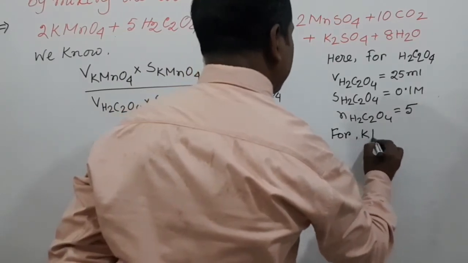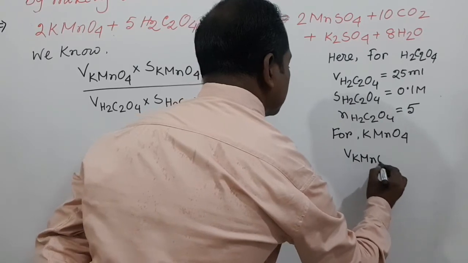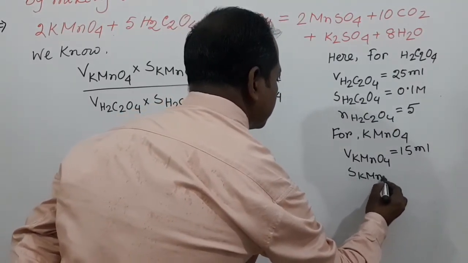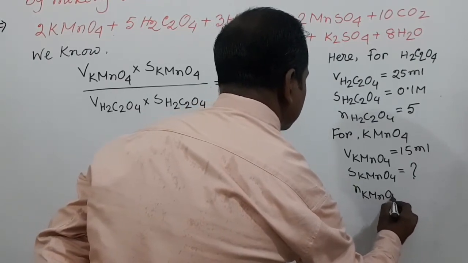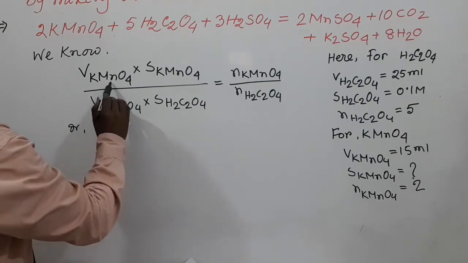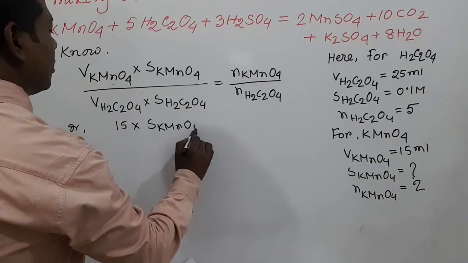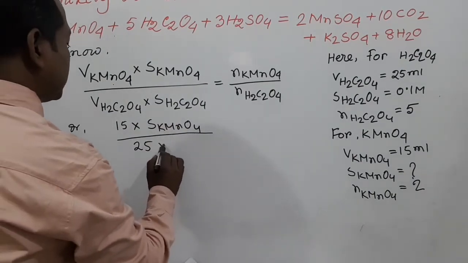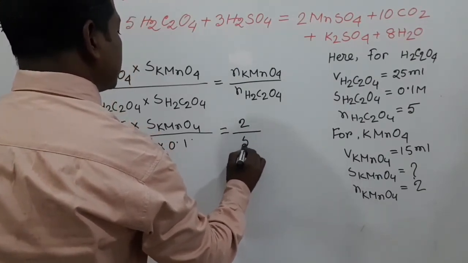For potassium permanganate, volume is 15 ml, concentration is unknown, and mole number is 2. So, we can write: volume of potassium permanganate 15 into concentration of KMnO4, divided by volume of oxalic acid 25 into concentration of oxalic acid 0.1, equals mole number of potassium permanganate 2 over mole number of oxalic acid 5.